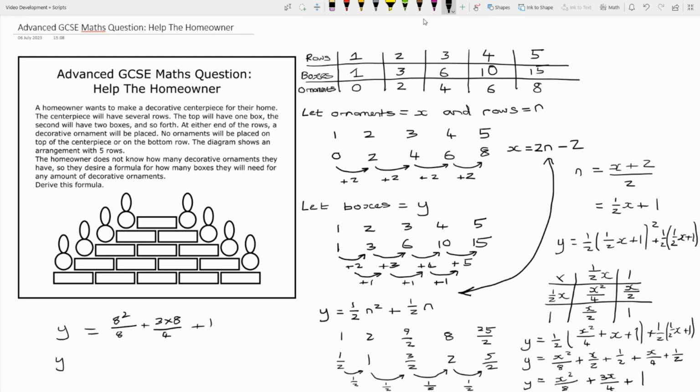So then y will be 64 over 8, which is 8. 3 times 8 is 24, divided by 4, which is 6, plus 1. So then that will be 15, which is the correct answer. So now you could use this formula here to work out the number of boxes required for any number of decorative ornaments, which will answer our question.